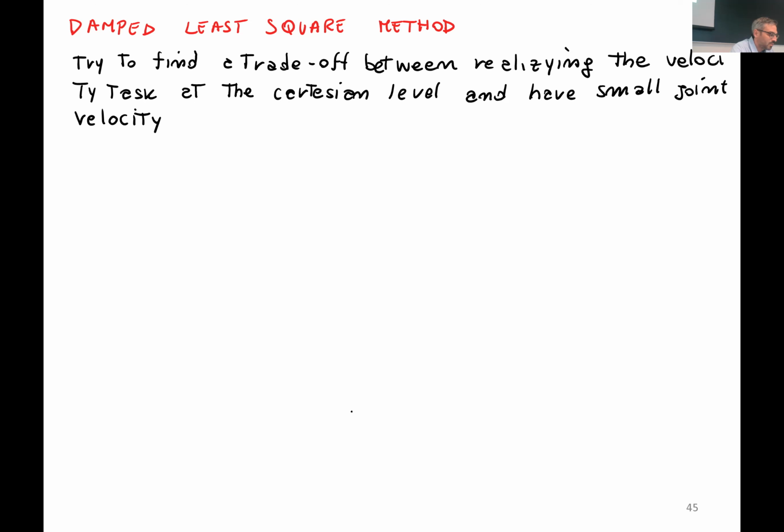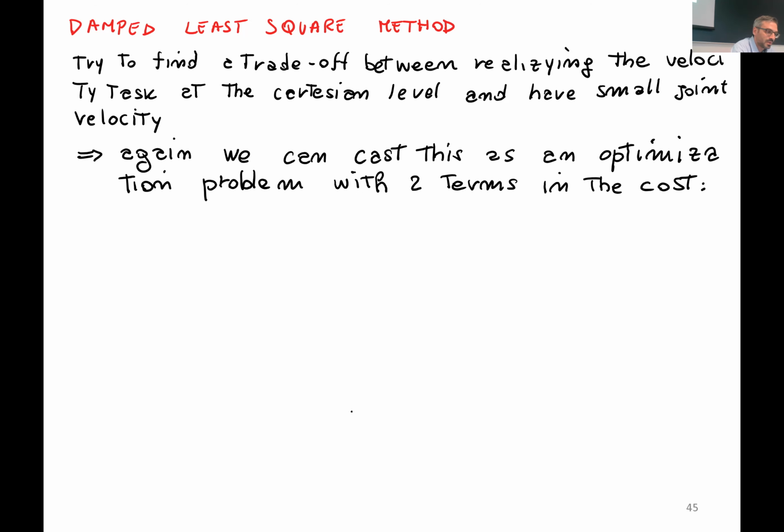A way to achieve this is to use the so-called damped least squares method that finds a trade-off between realizing the velocity task at the Cartesian level and having at the same time small joint velocity.